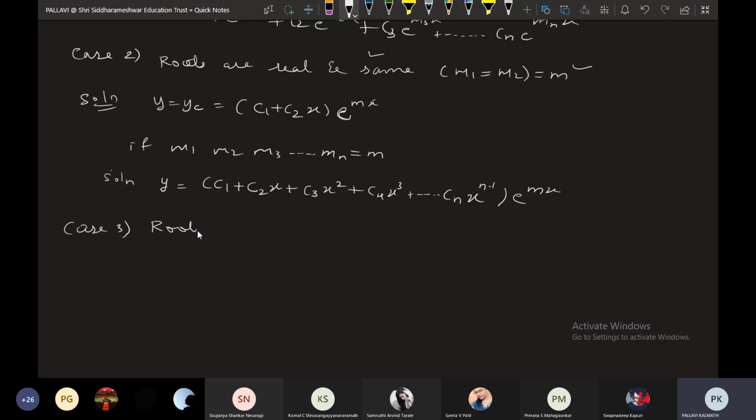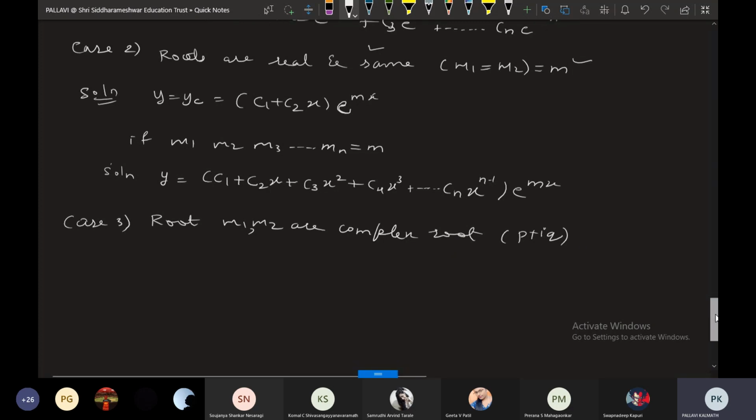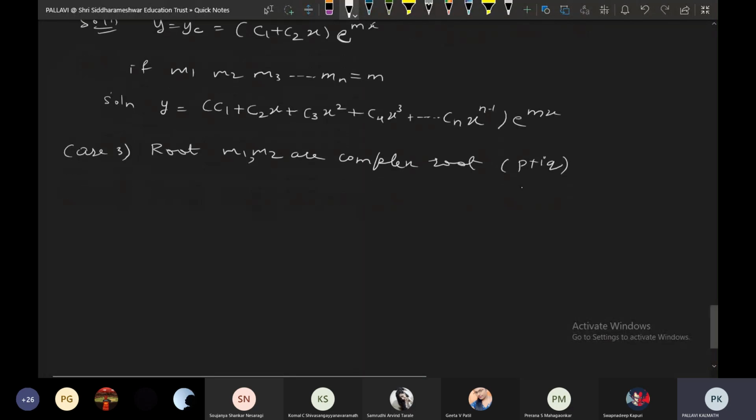Then the third type of roots, that is m1, m2 are complex roots. Suppose it is p plus i q. Previously I told z is equal to x plus iy, you can consider like this, or you can write it as p plus i q.